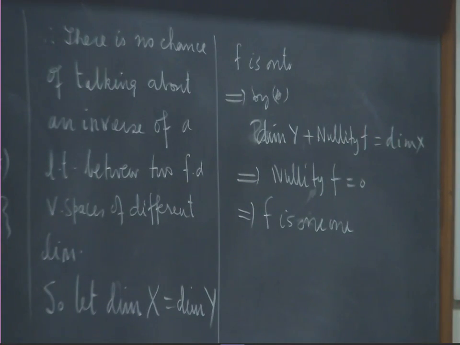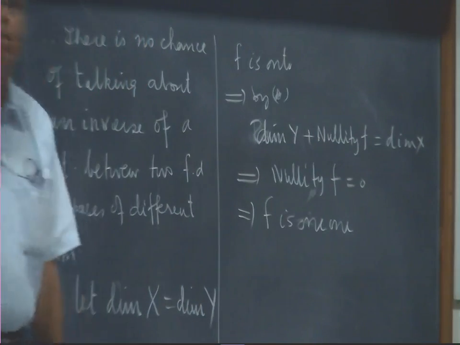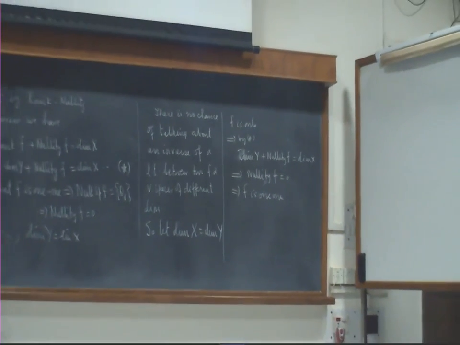If you have a linear transformation from a 10-dimensional space to another 10-dimensional space, if it is onto, it has to be 1-1 automatically. So any onto linear transformation between two finite dimensional vector spaces of the same dimension must necessarily be 1-1.